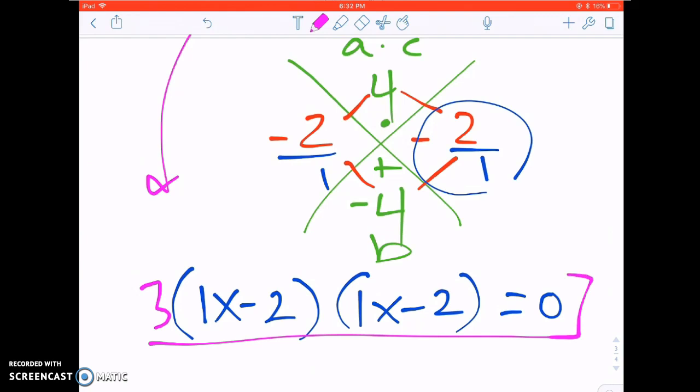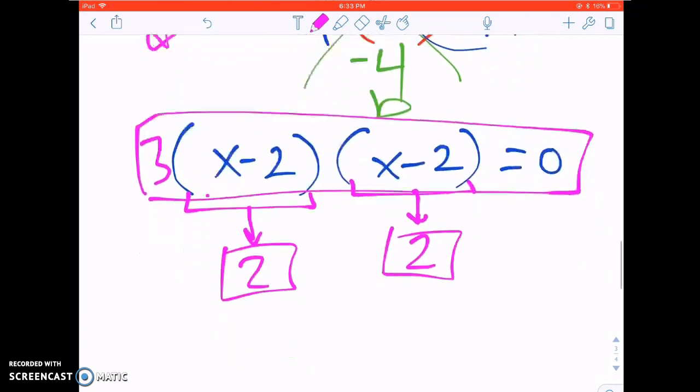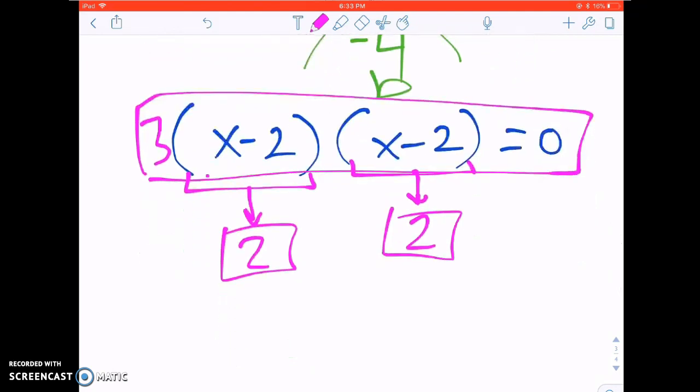And this is our final extended equation. I'm going to get rid of the 1's. But once again, we have to just look at the parentheses. What would make that equal to 0? 2. If we plug in a 2, that would make that equal to 0. What would make this parentheses equal to 0? Also a 2. So this problem right here has only one solution, and that is 2.